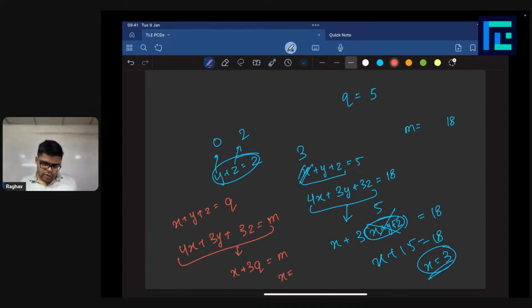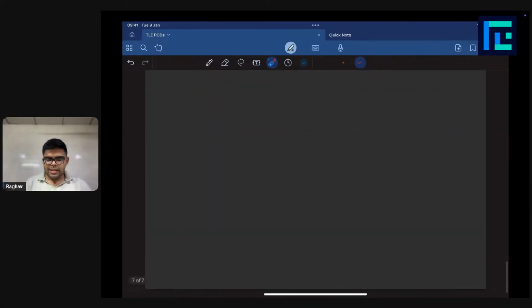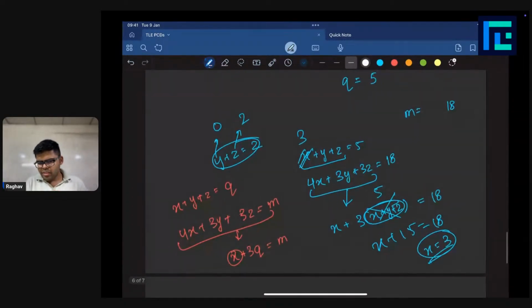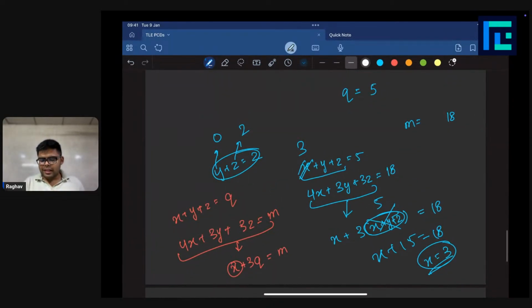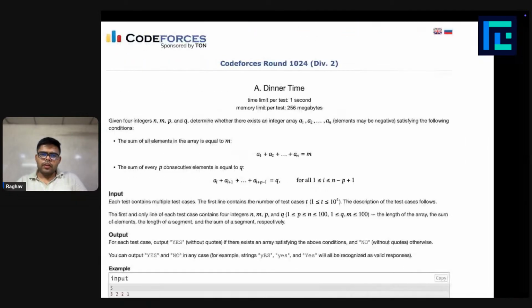And you will get a value for x that you should put. Once you decide a value of x, you can decide values of y and z accordingly, such that both of these conditions would be satisfied. So it seems like we can always decide some values of these elements for the array, and we will be able to satisfy both of these conditions, right?